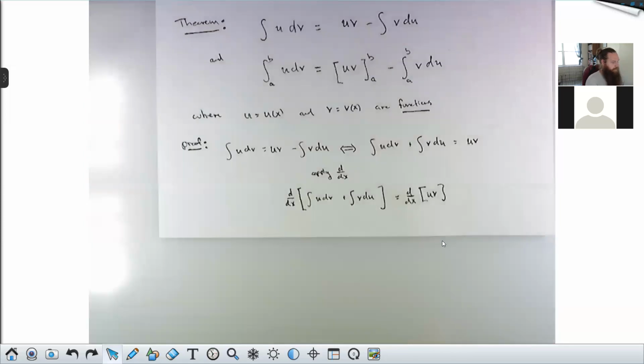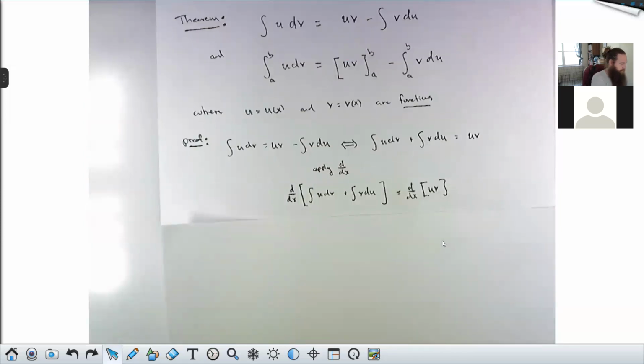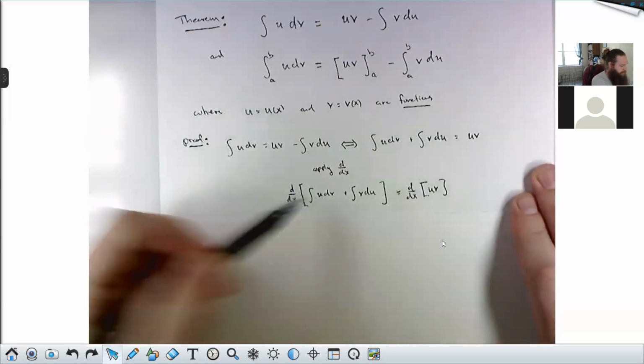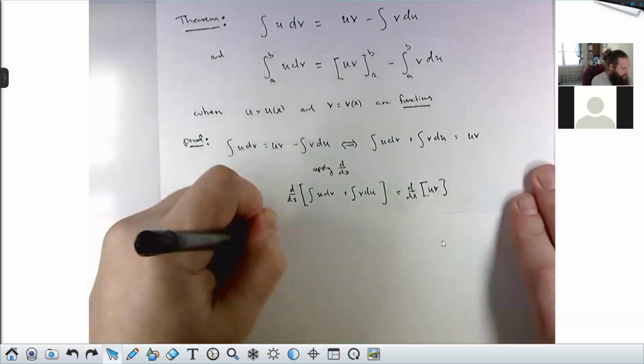And then by the fundamental theorem of calculus, the derivative and the integral cancel each other out.